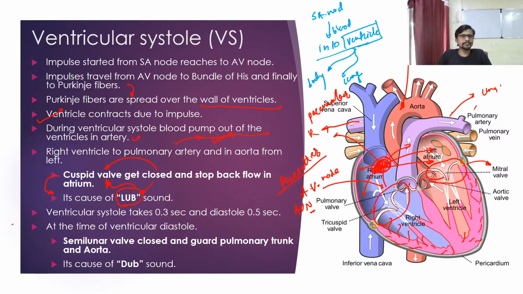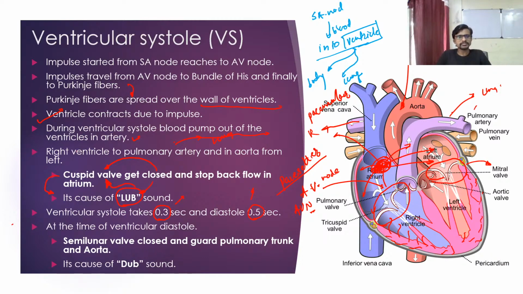Okay, ventricular systole takes 0.3 second, and the diastole takes 0.5 second. In the atria we know it's 0.1 second and 0.7 second, but now the ventricle takes more time for the systole and less time for the diastole.